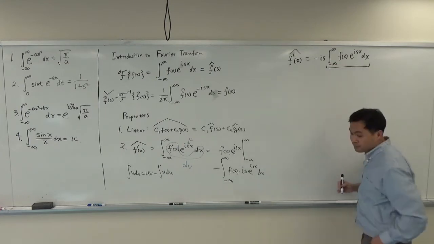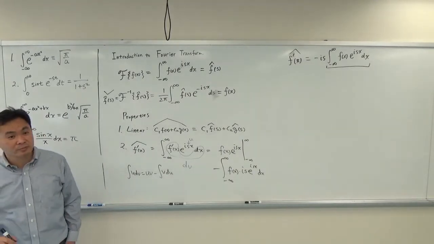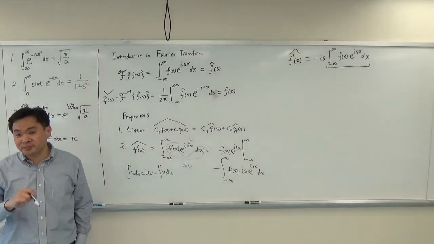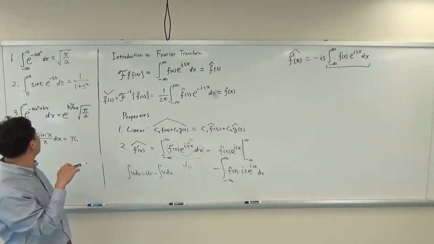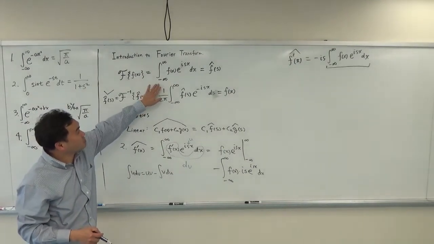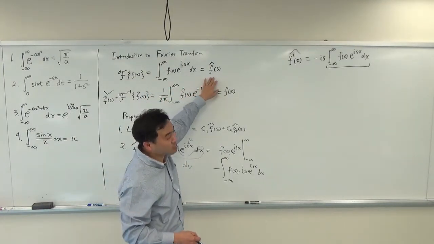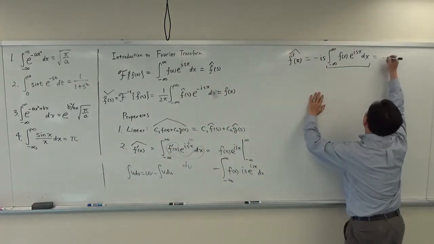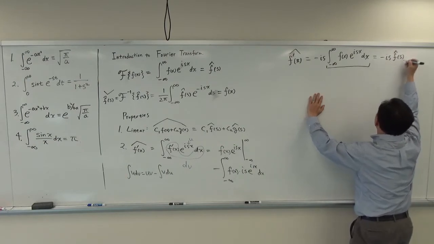What is that part? It's like number 2, but I was talking about this one. It's the Fourier transform of f. So you end up with negative is times the Fourier transform of f.